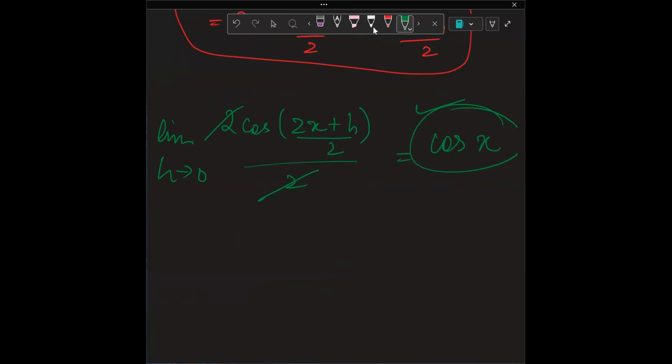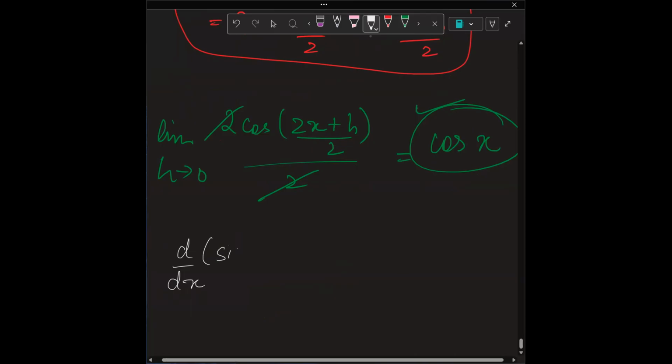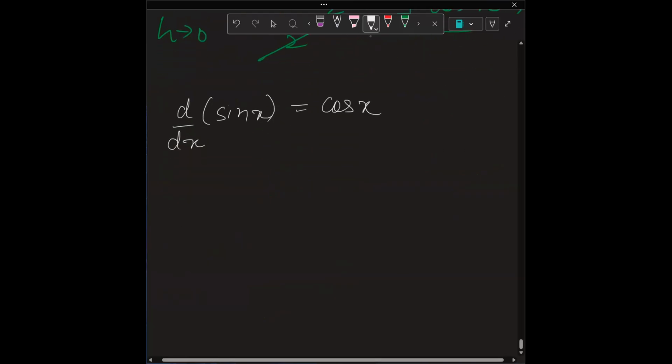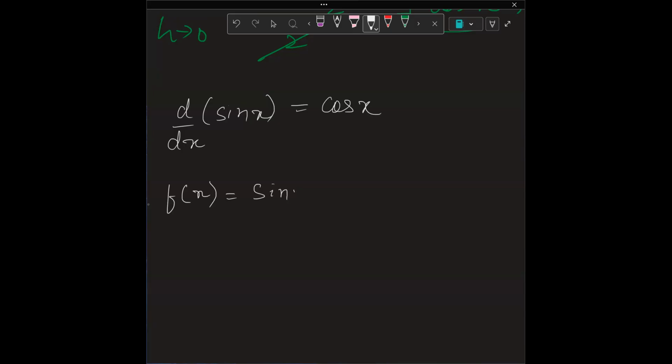And how can you represent this? Either you can represent it like this, or if your function f(x) is sin x, then f dash x is cos x.